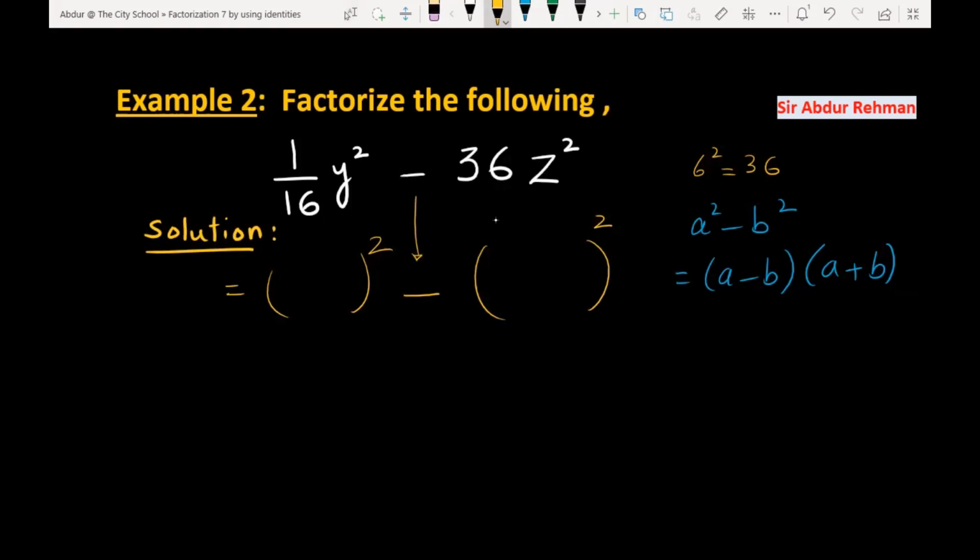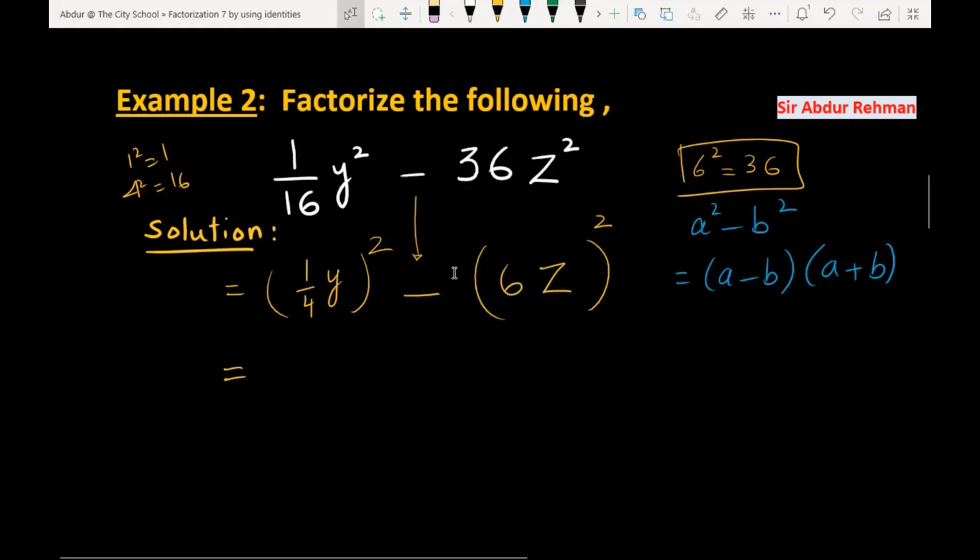1 square is 1 and 4 square is 16, so it is 1 over 4y, and 6 square is 36, so I'm going to write 6 in the place of 36, 6z whole square. This is the expanded form, and I'm going to write it in factorized form.